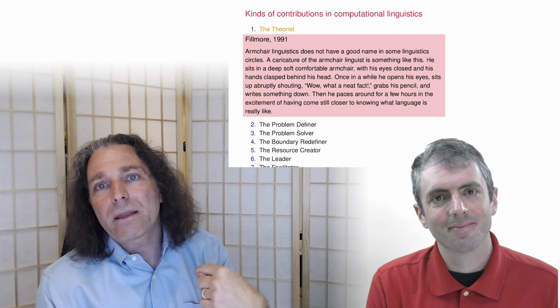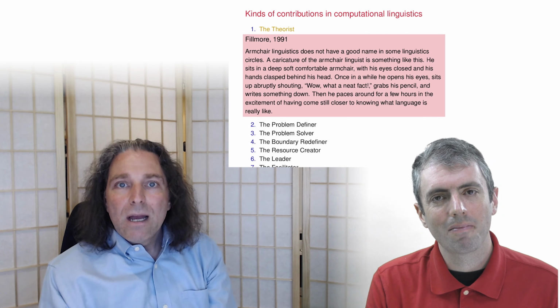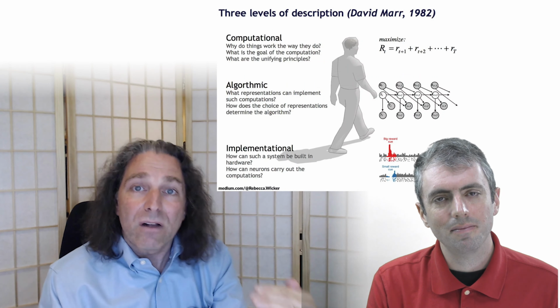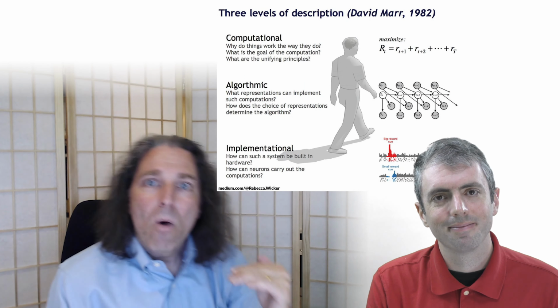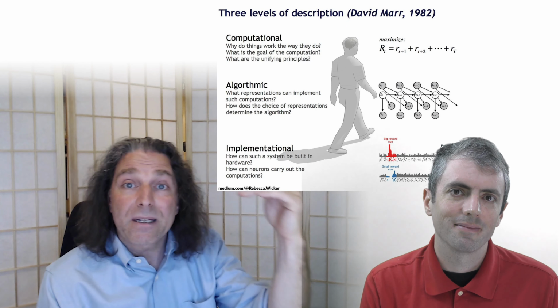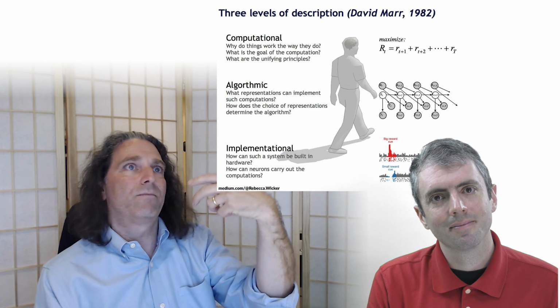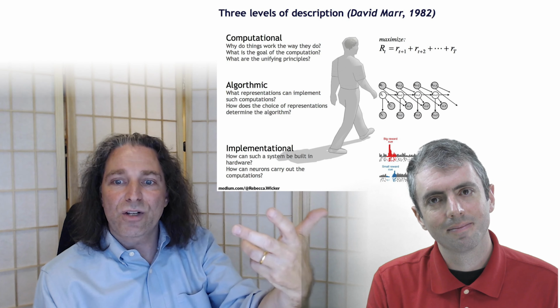And when you think about theory, it's also useful to distinguish what David Marr described as three different levels of explanation. One is what he called the computational level, which is a formalization of the problem or the phenomenon that you're describing.